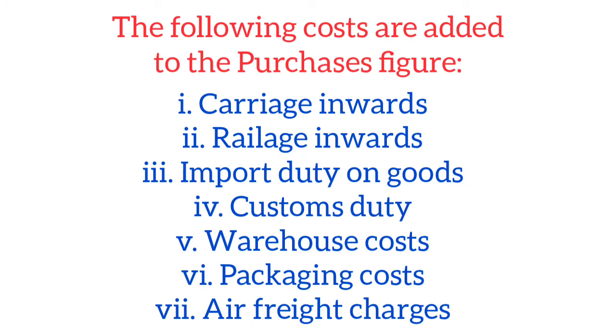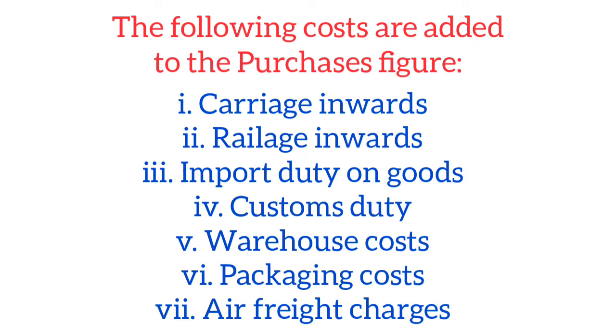carriage inwards. Carriage inwards refers to the transport costs incurred by the business to deliver goods from the supplier's factory to the business or to the workplace. Right. So those transport costs incurred in delivering goods bought for resale are not treated as expenses, but they are attached to the cost of the goods.